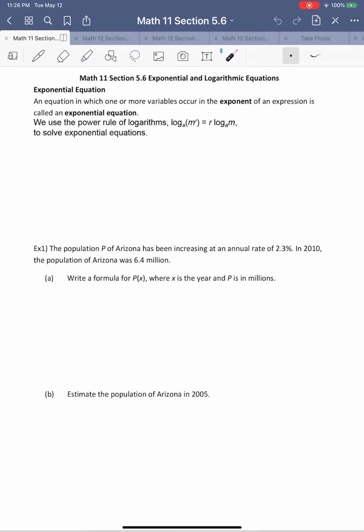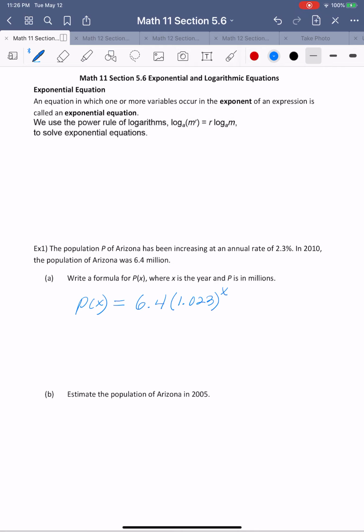Write a formula for P of x, where x is the year and P is in millions. I'm just going to use millions as the units, and 2.3% is the same as 1.023.